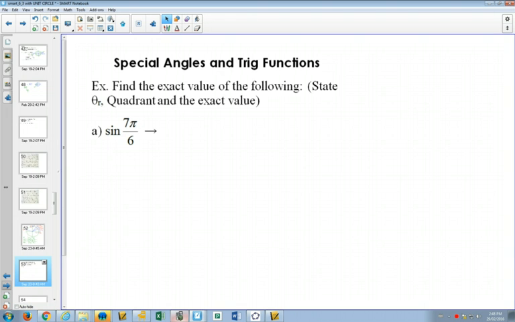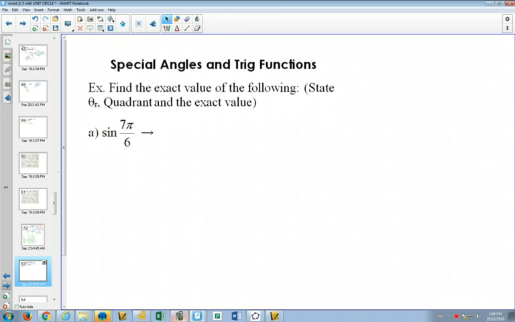Is sine positive or negative in quadrant 3? Negative. So sine of 7 pi over 6 will be negative a half. So first of all, I know my pi over 6 family for sine is a half. Then I just have to say I know this is in quadrant 3 and sine is negative in quadrant 3, so I'll get negative a half.